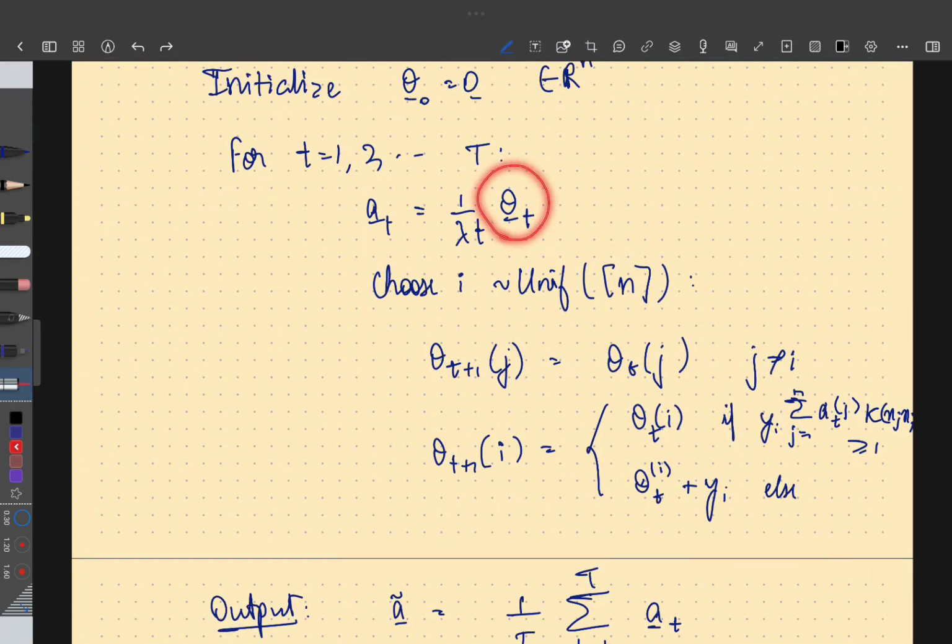Correct, but that's because theta t is growing in magnitude proportional to t in some sense, right? Because at every step we're just adding something or keeping it the same. So potentially that can keep blowing up as t tends to infinity, but this normalizing factor ensures that that does not happen.